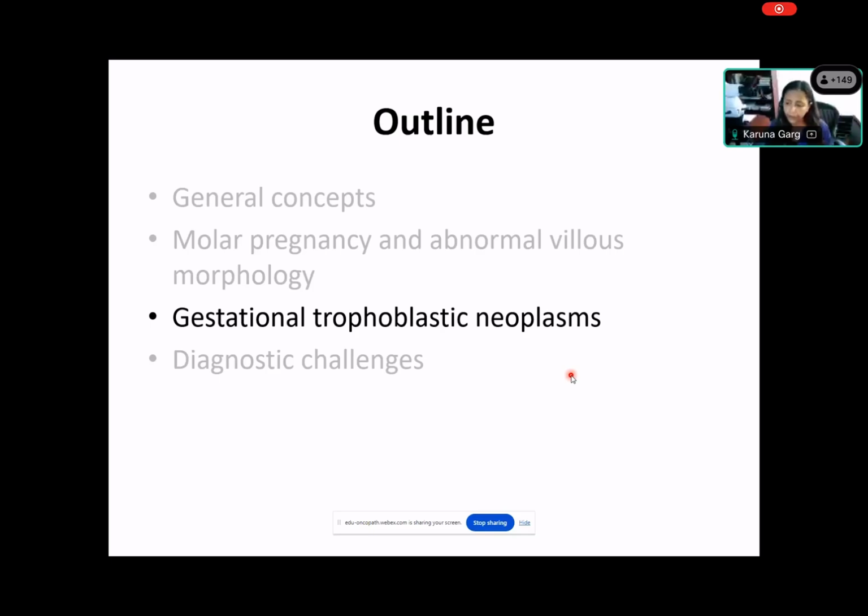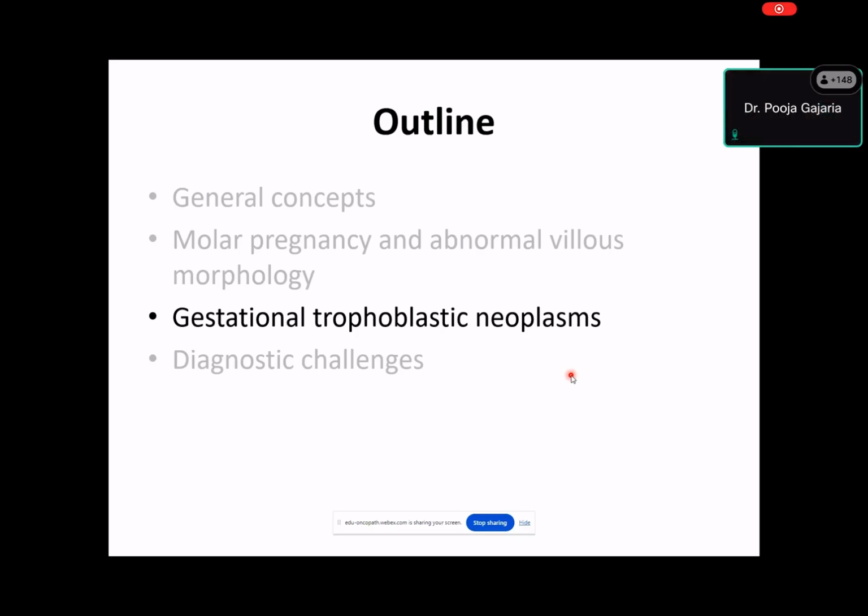If all I'm seeing is hydropic change, no trophoblast proliferation, no inclusions, none of the other features, then I would sign it out and say I favor this is not a molar pregnancy. The other way to handle this is to say that you cannot exclude a mole if you are worried, and they can monitor the beta HCG for these patients and make sure it's going down properly, and then they can be pretty reassured that it's probably not a molar pregnancy.